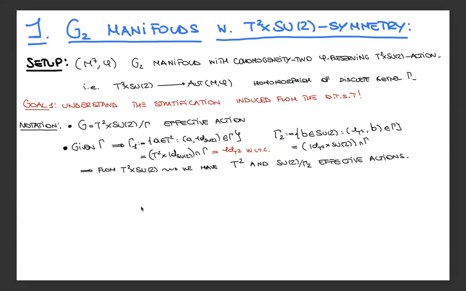So in particular, from this T2 times SU2 action, we can construct an effective T2 action and an effective SU2 over gamma 2 action. This gamma 1 is the kernel of the induced homomorphism from T2 times the identity over SU2, and the same for gamma 2, which is the kernel of the homomorphism from the identity of T2 times SU2 into the automorphism group.